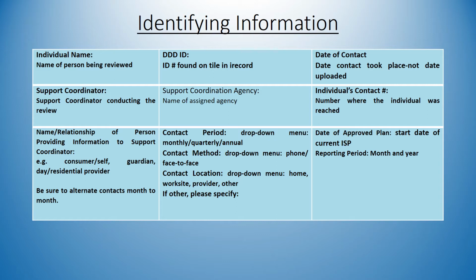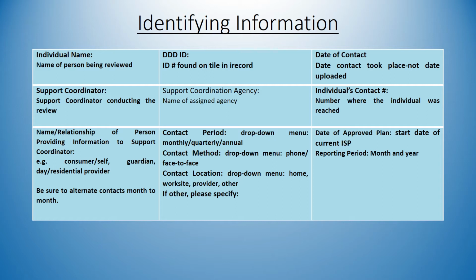to iRecord. The support coordinator who is completing the monitoring tool will be documented, as well as the support coordination agency. The individual's contact number is the phone number where the individual who was contacted for the monitoring can be reached.